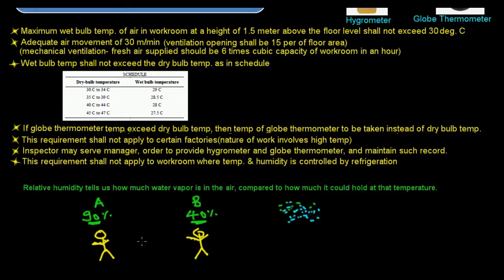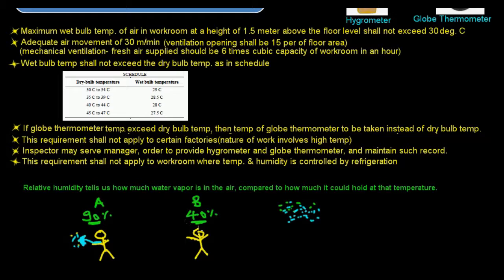So what will happen at place A? The person working at place A will feel relatively hotter. Why? Because after he sweats, since the air already has water vapor, it will not take water vapor from his body. So the sweat present on his body will not evaporate, or it will evaporate at a much slower rate.